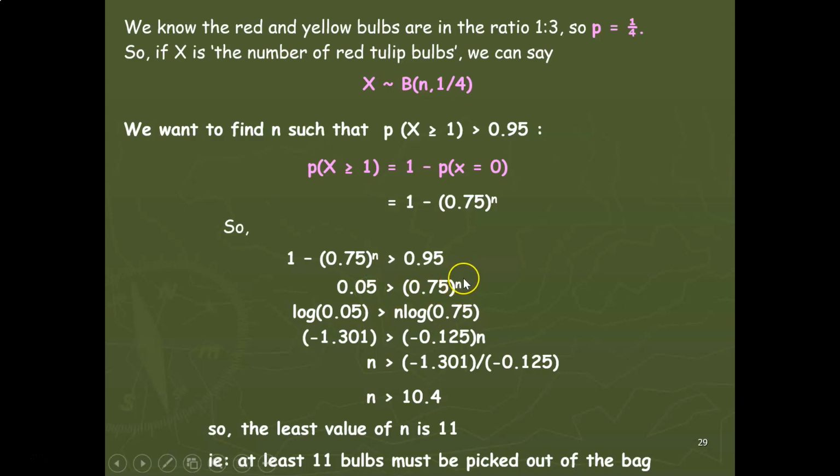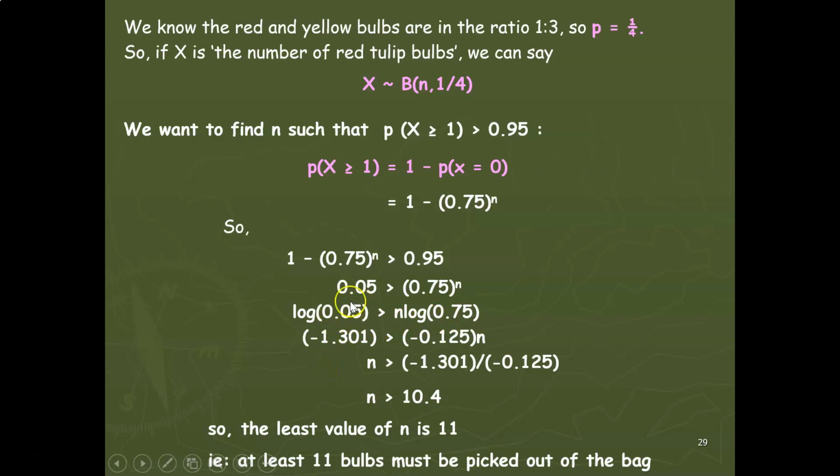Why? Because we have power of n. So we take ln for both sides. Sorry, not ln, log. You take log for both sides. So you will have log 0.05 greater than log 0.75 to the power of n. And remember, when you have the power of n, you can bring it to the front. So you will have this.